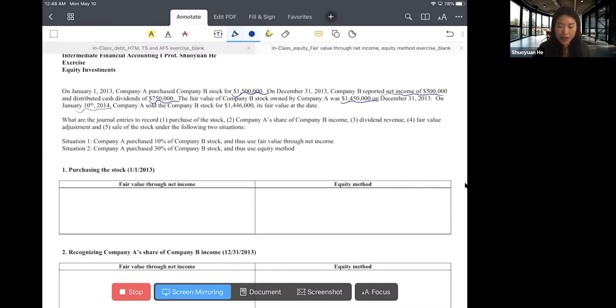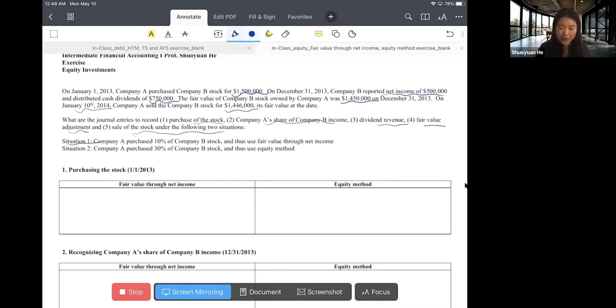On January 10th, 2014, company A sold company B stock for 1.446 million, its fair value at the date. So what are the journal entries to record the purchase of the stock, company A's share of company B's income, dividend revenue, fair value adjustment, and sale of stock under the two situations?